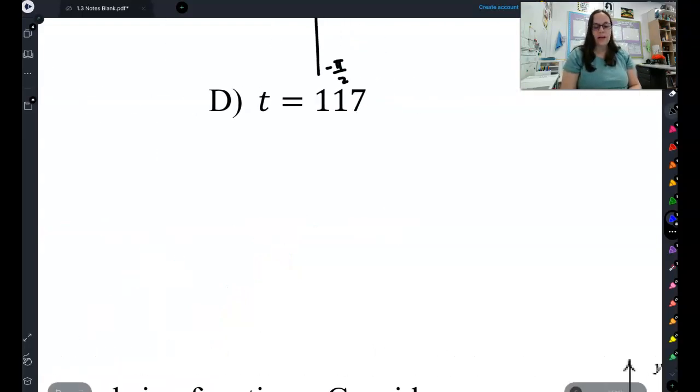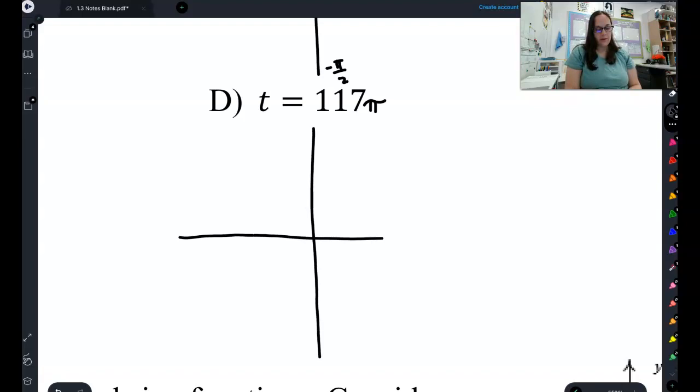Now, for this last one here, I'm actually going to change this to 117 pi. So I am going in a positive direction now. And I know that 1 full revolution is 2 pi.